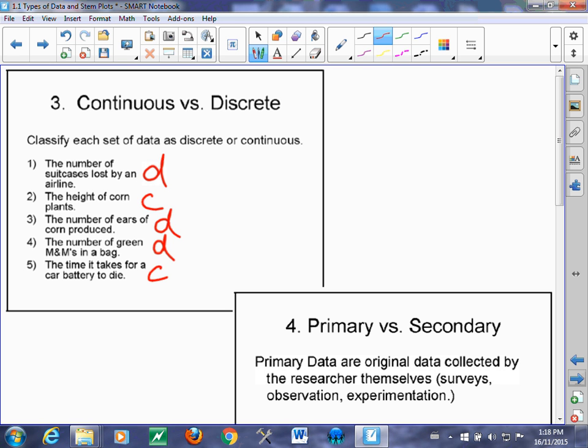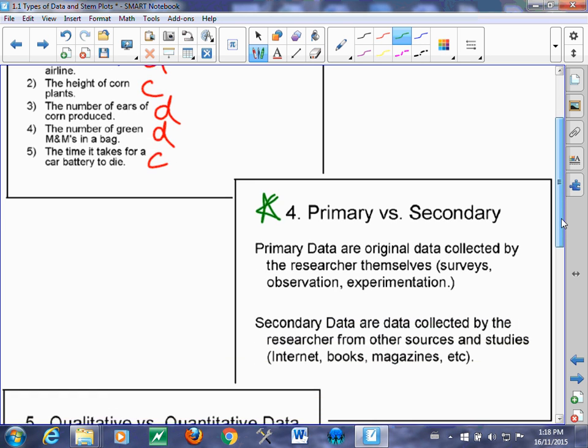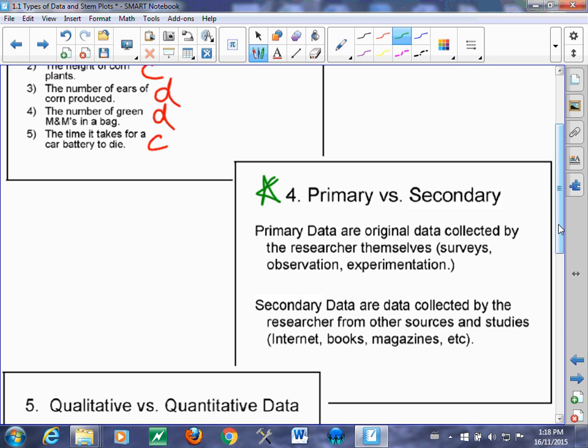All right. And one thing, ladies and gentlemen, the next classification, you're going to be doing 2 examples of this in your project, which I will explain if I haven't already, your summative project. You'll be collecting both primary and secondary data on a project. Primary data, guys, is the original data collected by the researcher themselves.